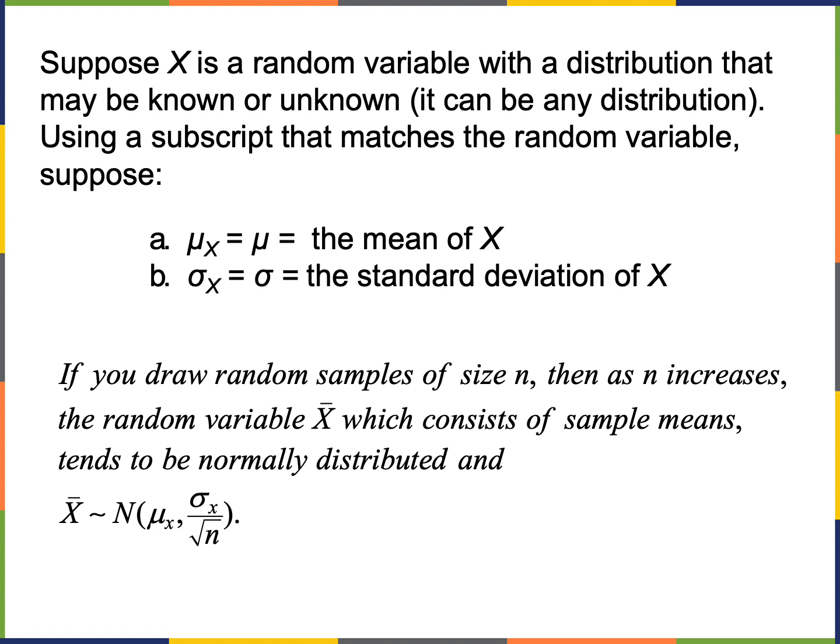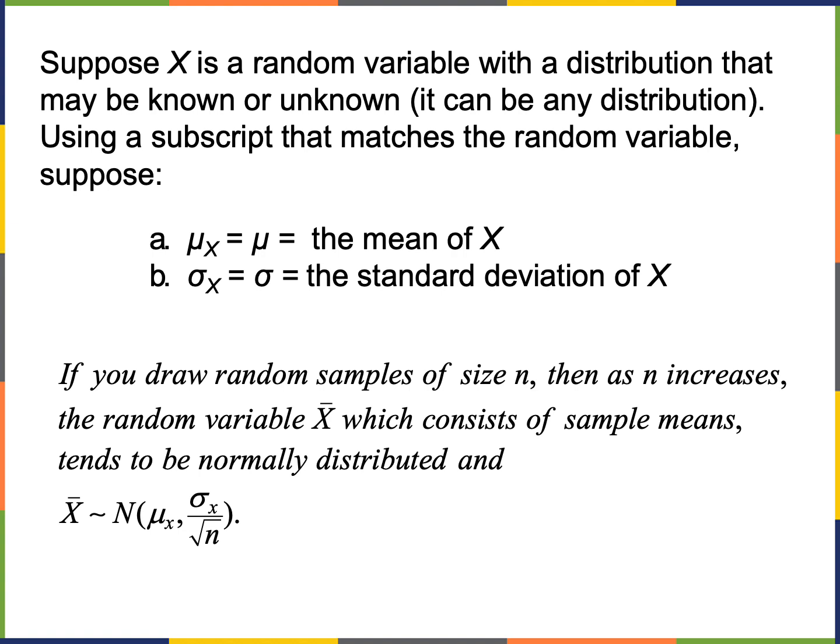They say that if you take random samples of size n, as n increases, the random variable x bar consists of sample means. So if you take one sample of size 30 and take the mean, that becomes a new data point.